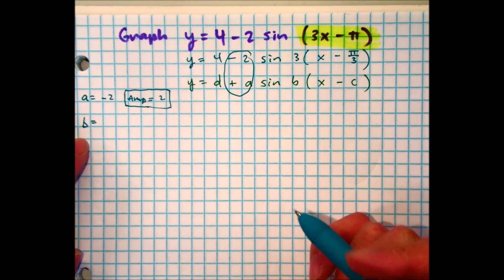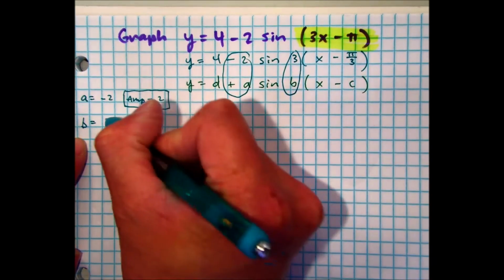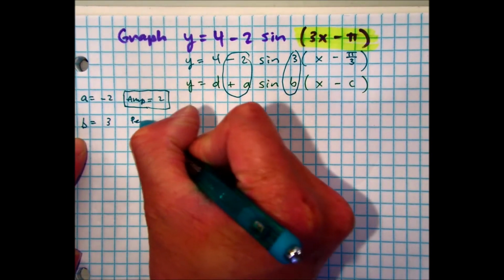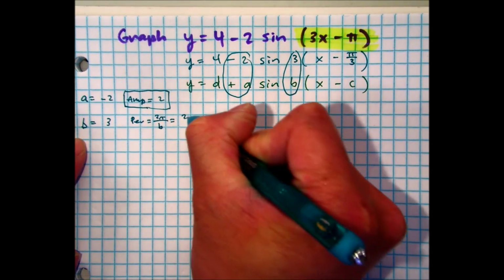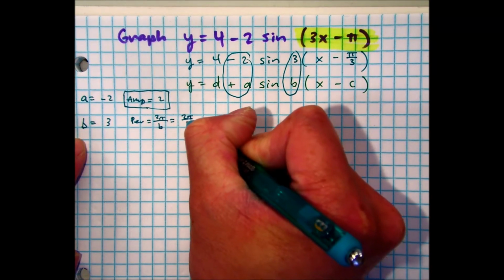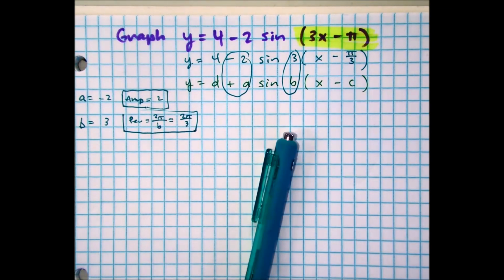Therefore, my amplitude is the absolute value of a. Your b value is what? Raise your hand if you got the period to be 2 pi over 3.